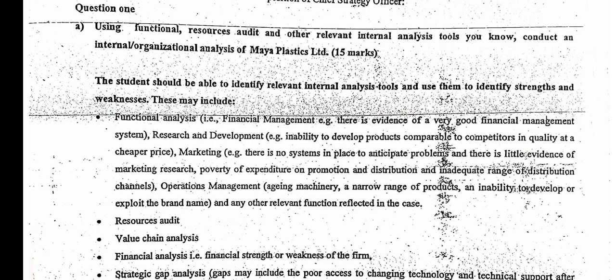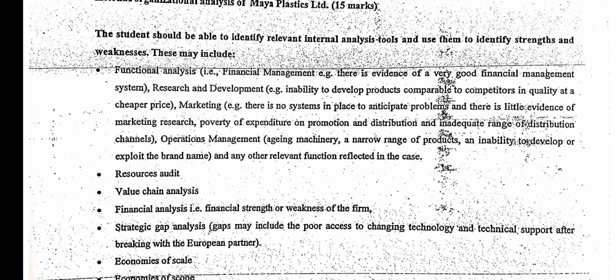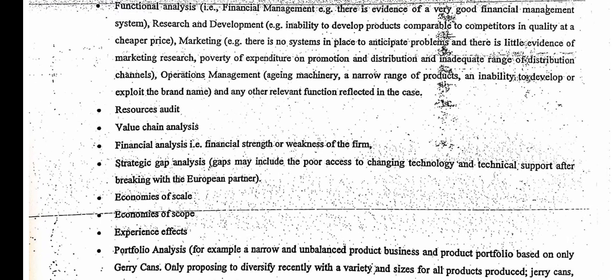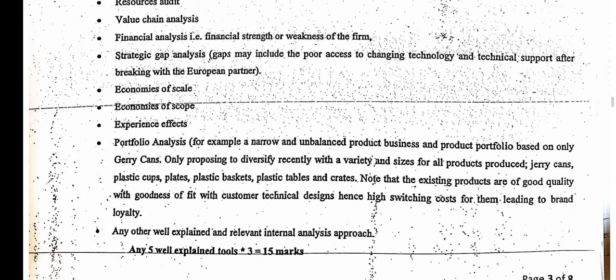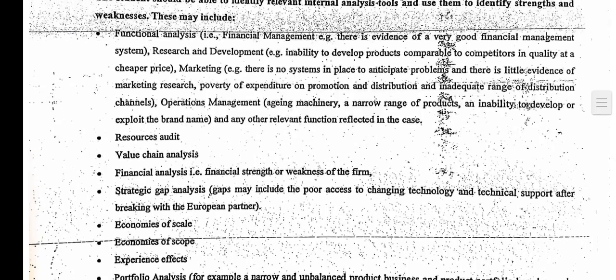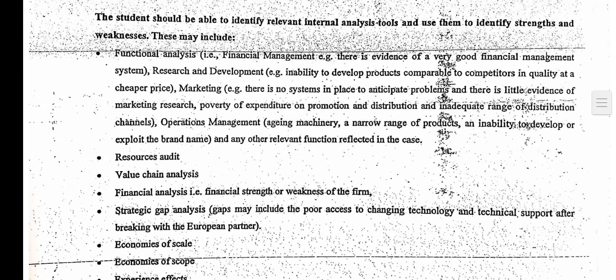We have the functional analysis, where we analyze all the functions, like all the departments in the organization. Then we have the resources audit, we have the financial analysis, we have portfolio analysis, like there are very many. So they were like using any that you remember plus the function and then the resources audit.